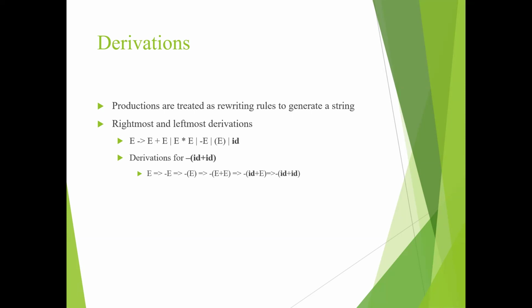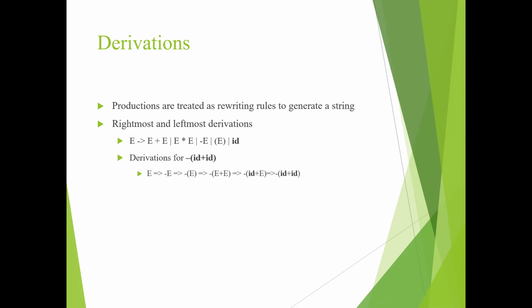Here we have taken the string minus, round bracket, id plus id. We have used the substitution for the id, derived from the left side, so it is the leftmost derivation for the given input string. Similarly, we can do the rightmost derivation.